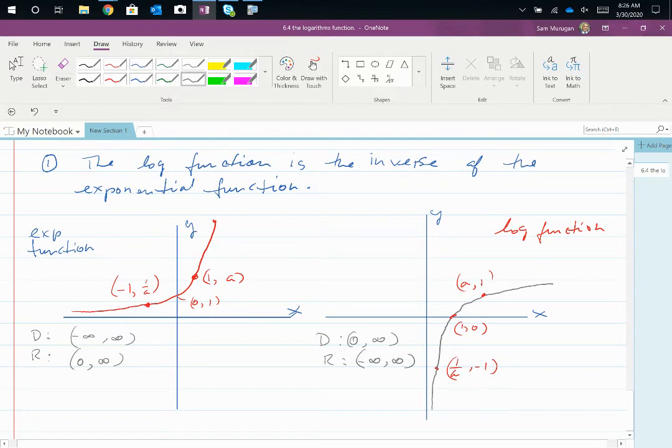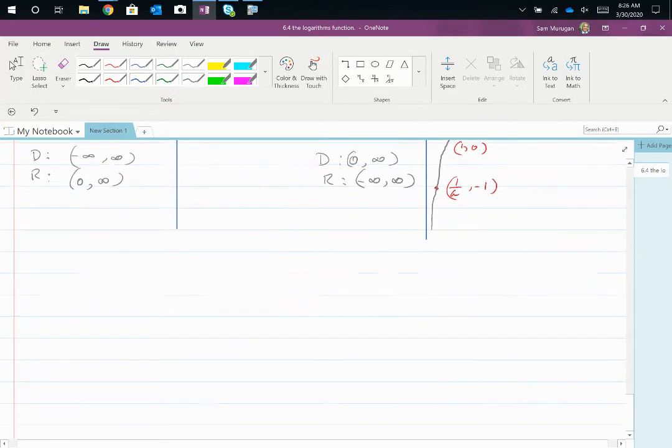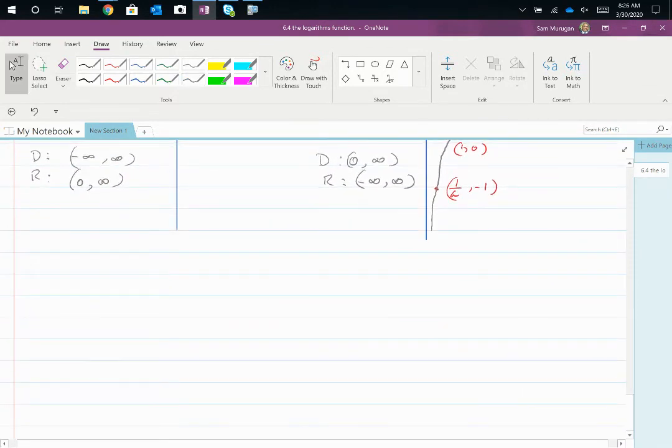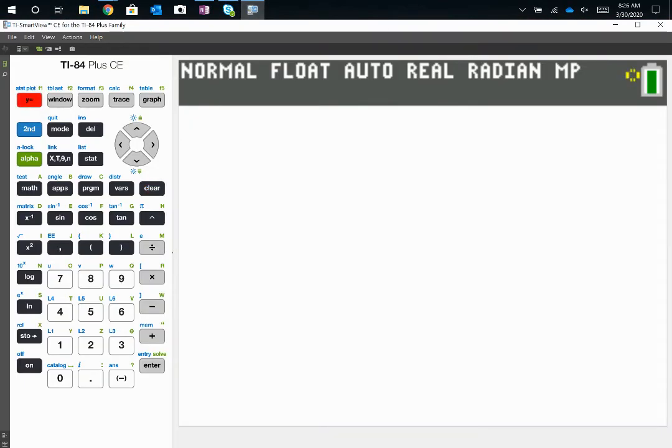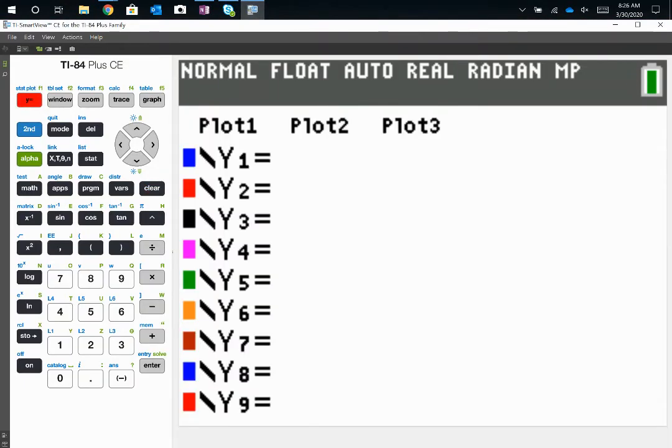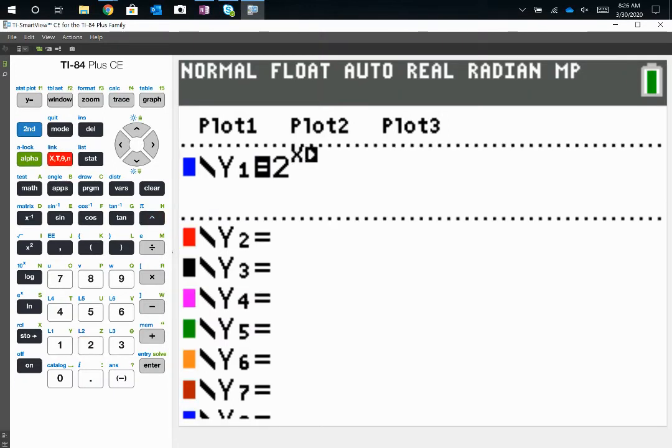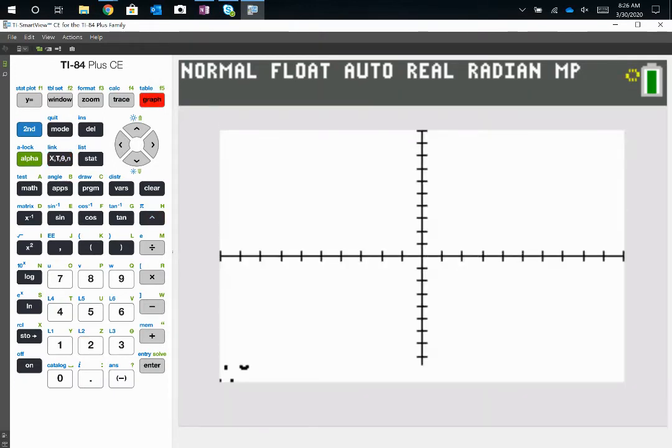I wanted to graph this with the calculator and show you the inverse nature of it. Let's say we graphed y equals 2 to the power x. That's the exponential function.